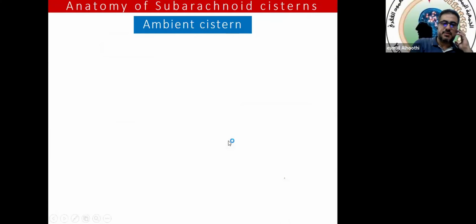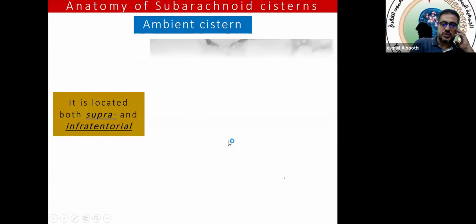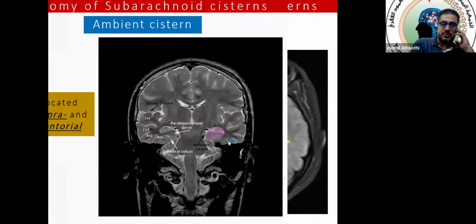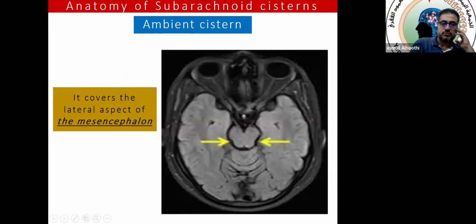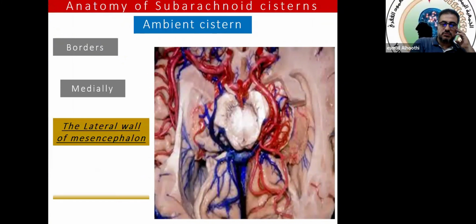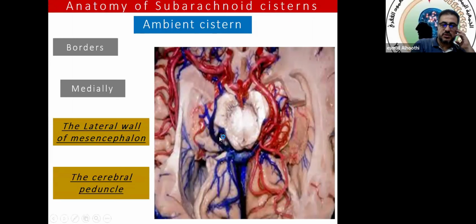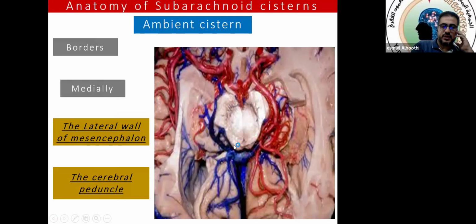The next cistern is the ambient cistern, which is located just at the posterolateral surface of the midbrain here. It's bounded medially by the lateral wall of the mesencephalon. As you see here, this is the medial border and part of the cerebral peduncles.